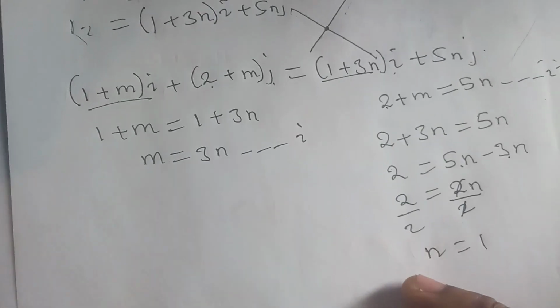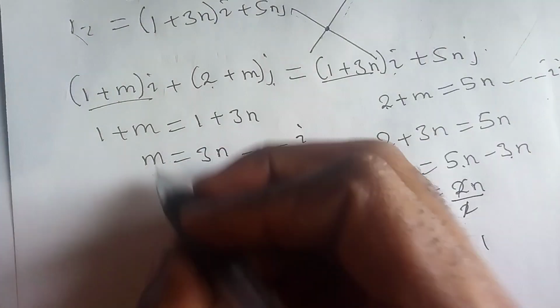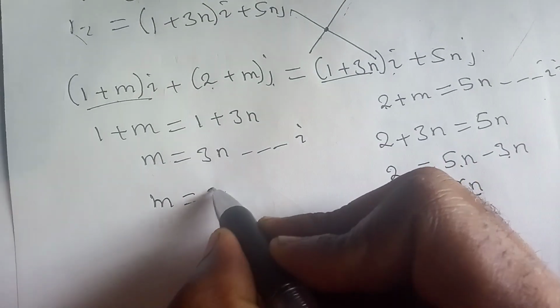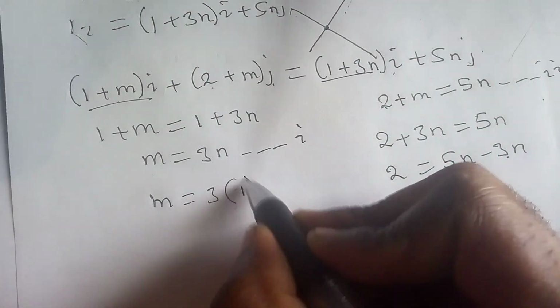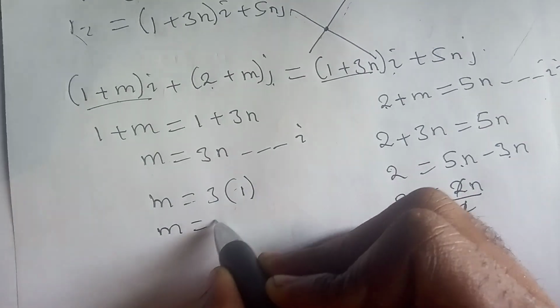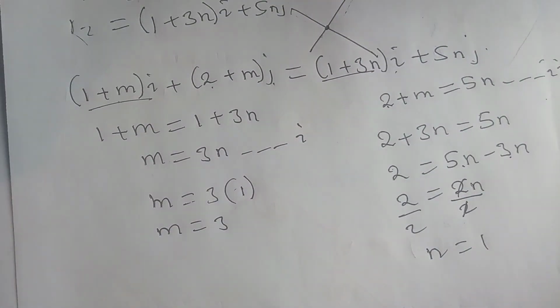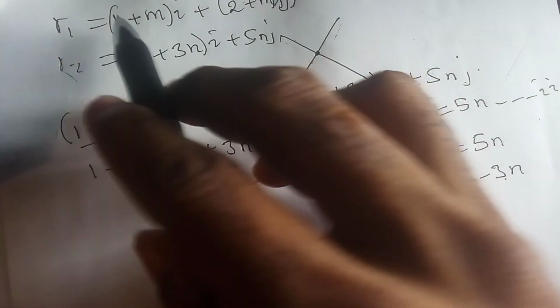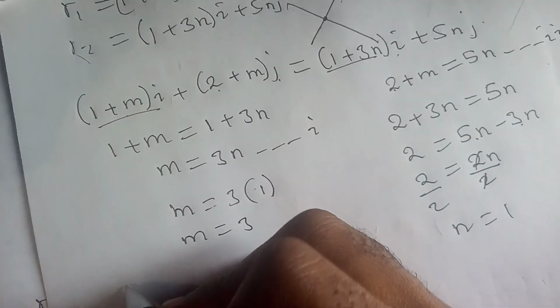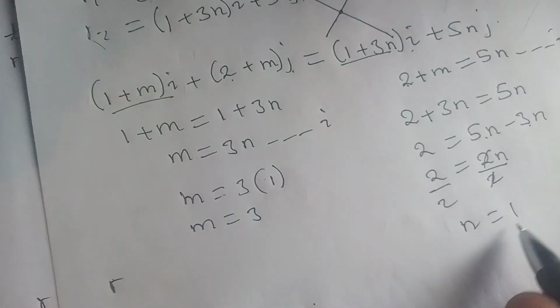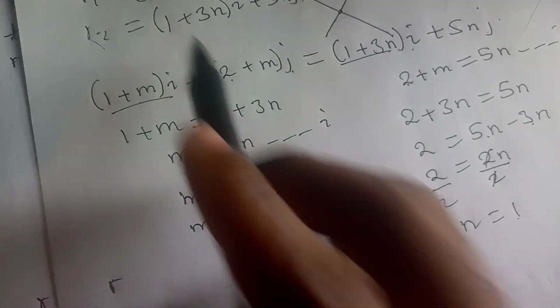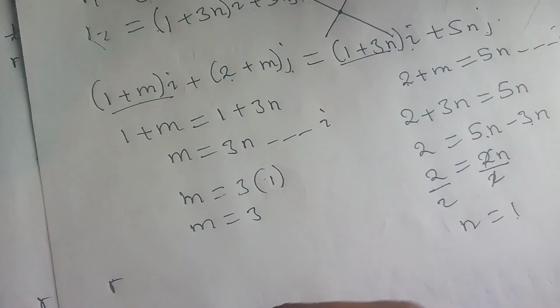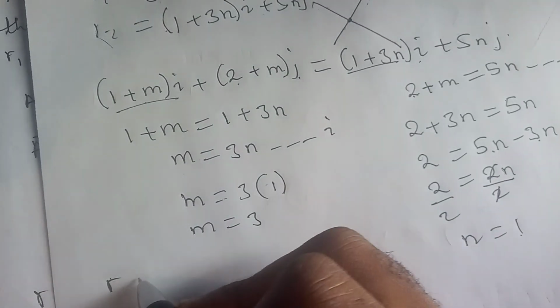And then to find our m, I think it's much easier to use this. n is 1, so that means our m is 3. So I can simply substitute my m in there to find those coordinates. If you want, you can substitute the n in this second equation. The answer will still be the same.